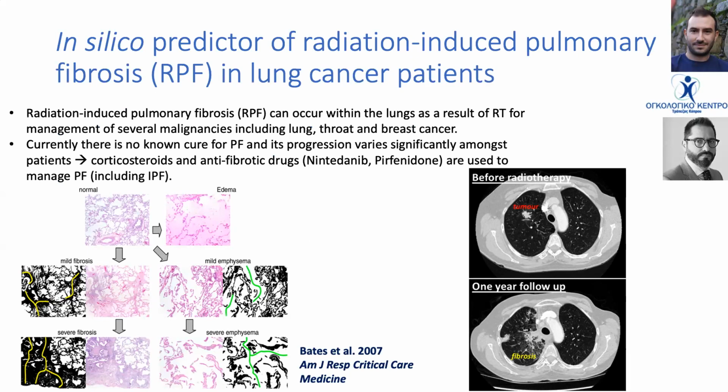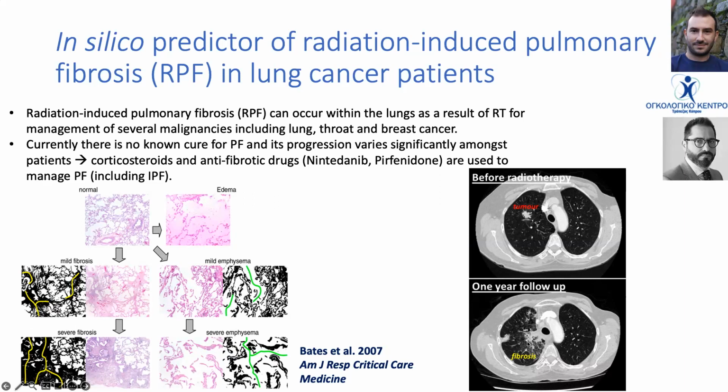It could be caused by unknown causes, that's idiopathic pulmonary fibrosis. It could be caused by radiation, and we have radiation-induced lung fibrosis, or it could be caused by viruses. In fact, it causes this kind of scarring of the lung tissue.